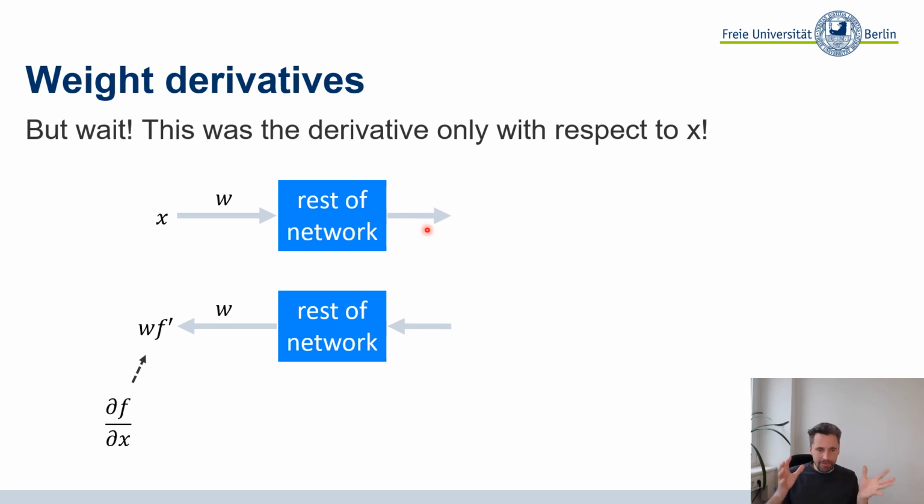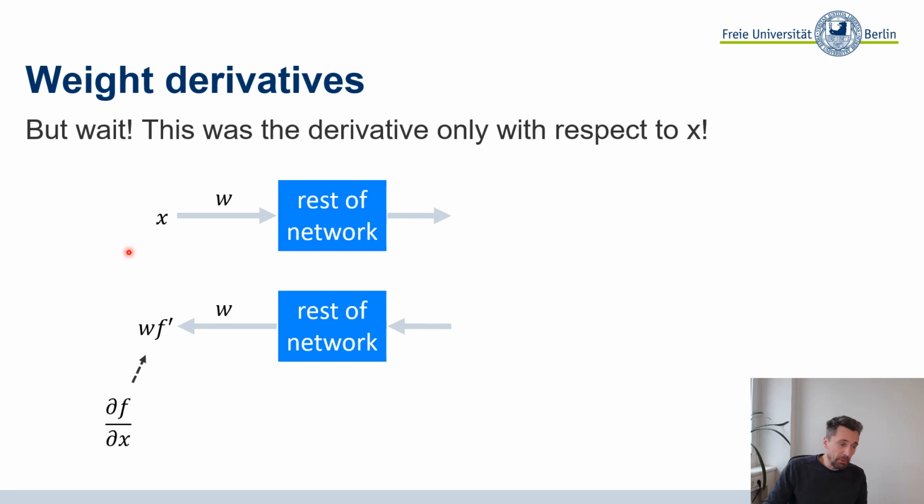Now let's revisit the question that you may have asked yourself. Why are we computing the gradient with respect to the input and not with respect to the weight? Well, that's basically the same, right? Because you can think of the network through which we want to backpropagate the gradient as an input x times a weighted edge, and that's the w that we want to compute the gradient for.